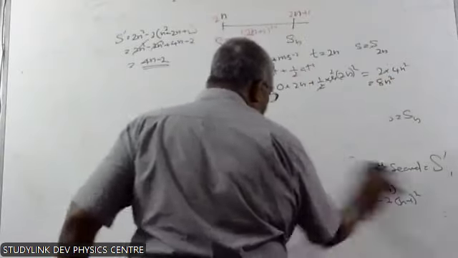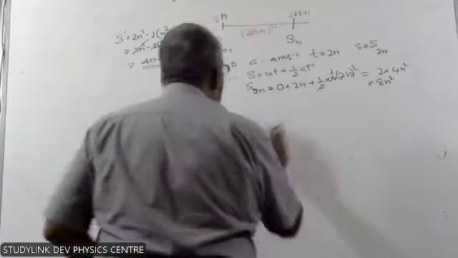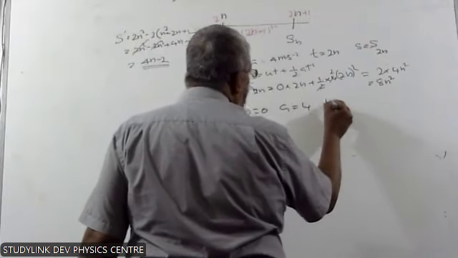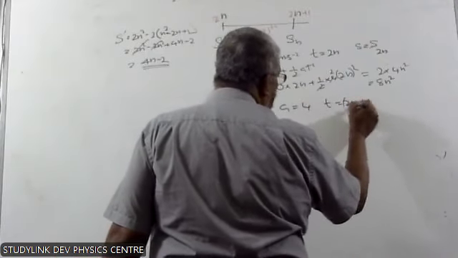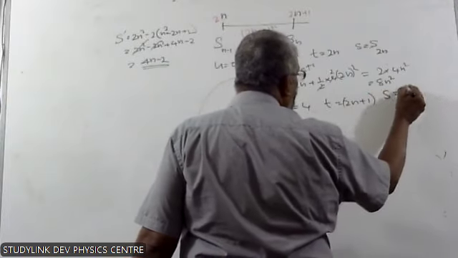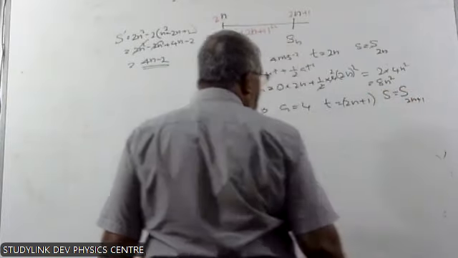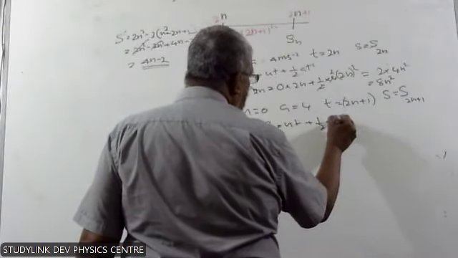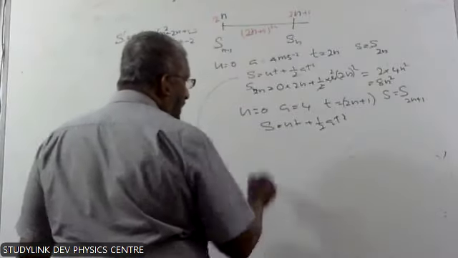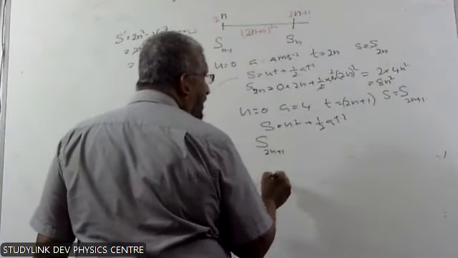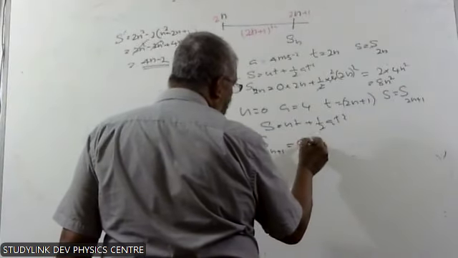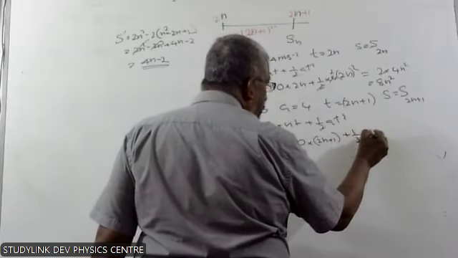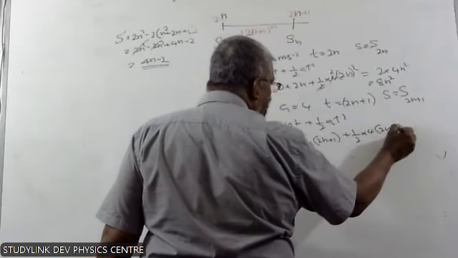Second situation, you have to find for the next one. That means u is equal to 0, a is equal to 4, t is equal to 2n plus 1, and s is S(2n+1). Then s is equal to ut plus half a t squared. So S(2n+1) is equal to 0 into (2n plus 1) plus half into 4 into (2n plus 1) squared.